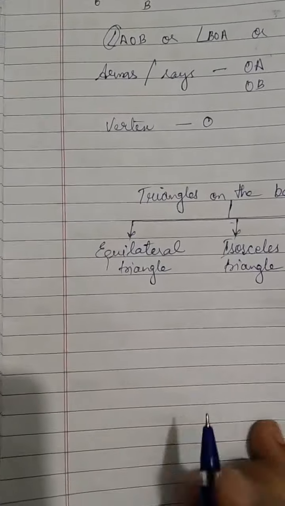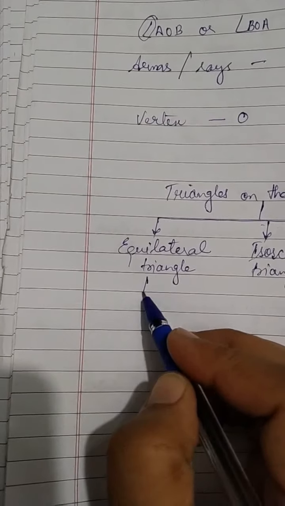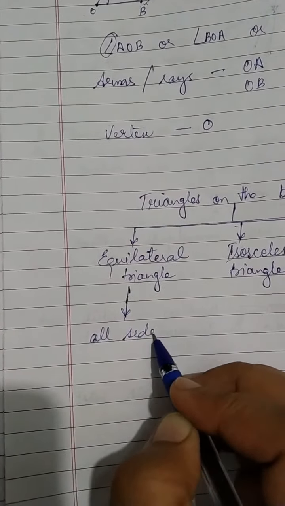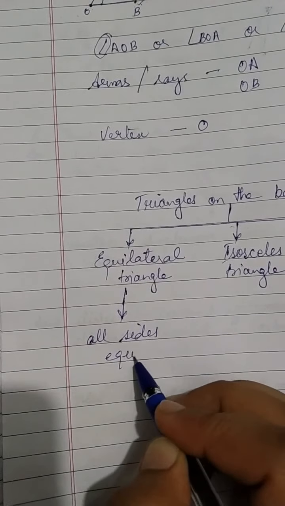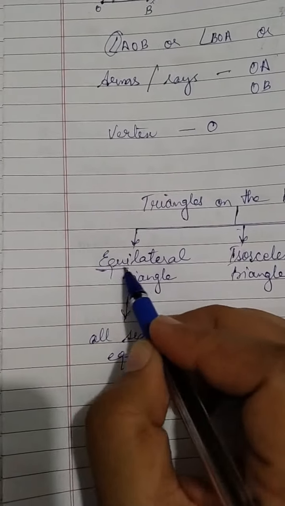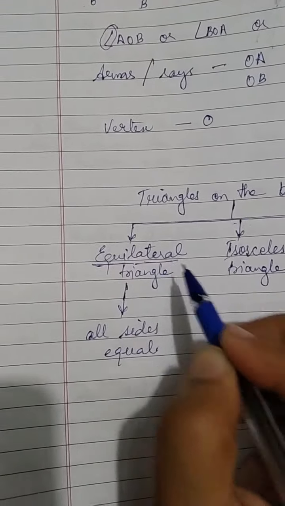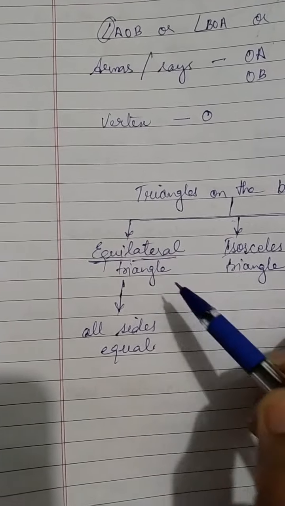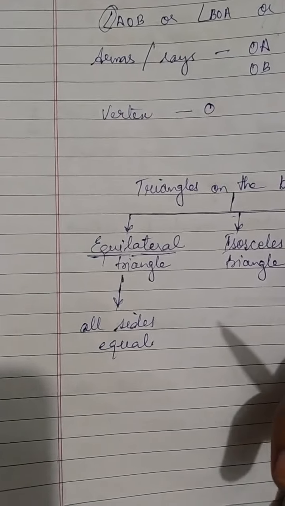Right? Equilateral triangle has all sides equal. Equi means equal. Lateral means side, which means it has all the sides with equal length. All the three sides with equal length.